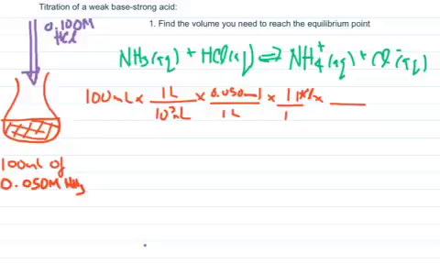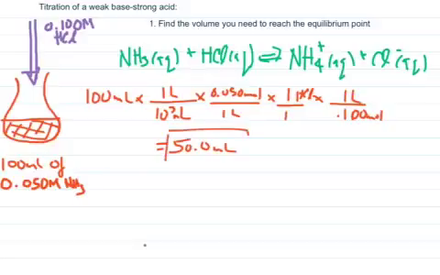And then we're going to divide by the molarity of hydrochloric acid to give us the volume. And the volume we're going to get is 50.0 milliliters. So I converted this from liters. Okay, so this is the amount we need to reach the equilibrium point.